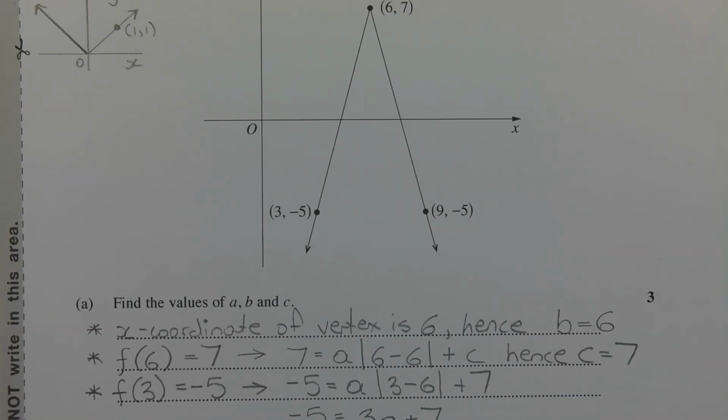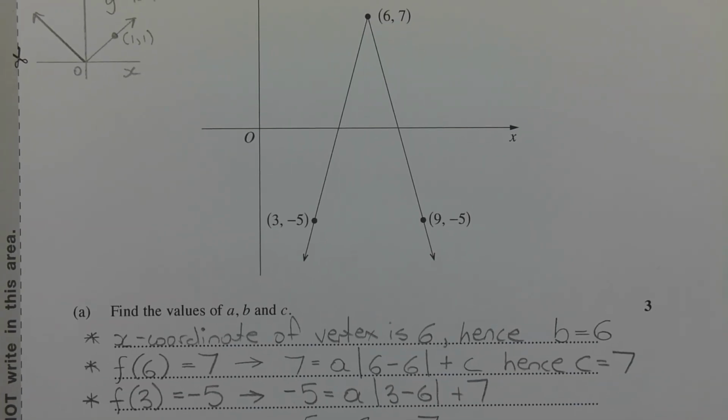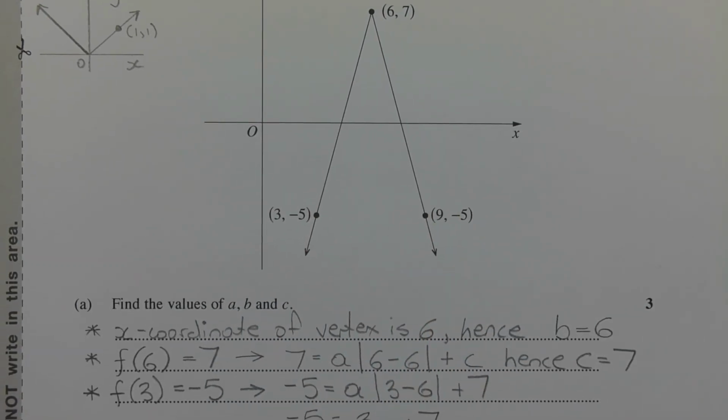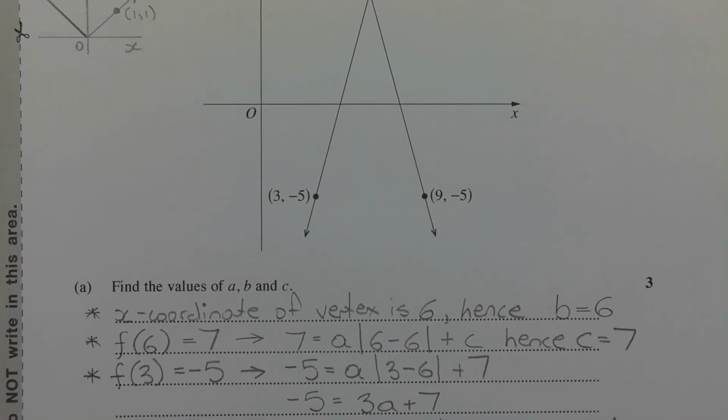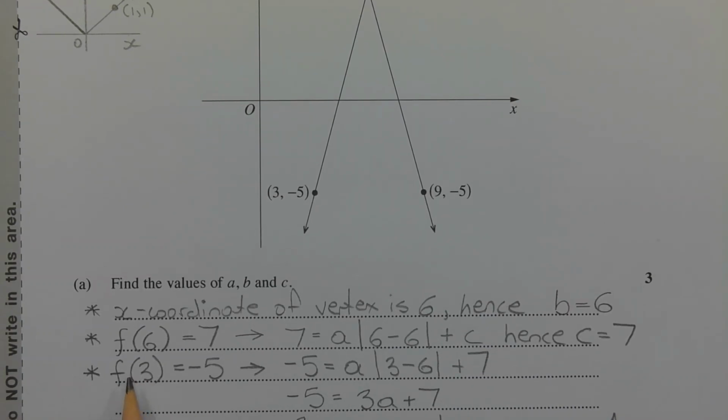Now the last thing we need to find is the value of a. If we choose any point other than the vertex, so either this point here or this point here, and substitute those values for x and y into the function, we can then solve it for the value of a. So f of 3 is equal to -5, and that comes from this coordinate here.